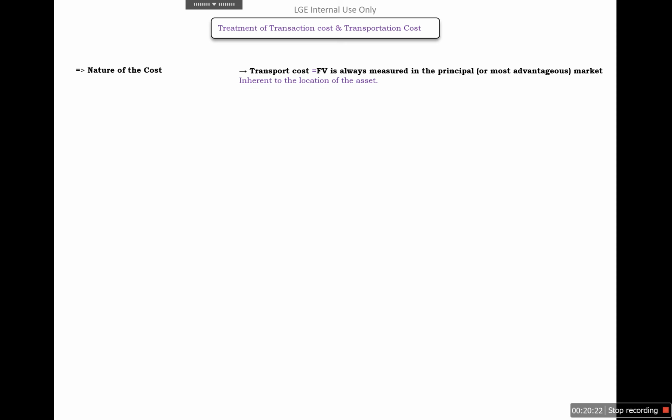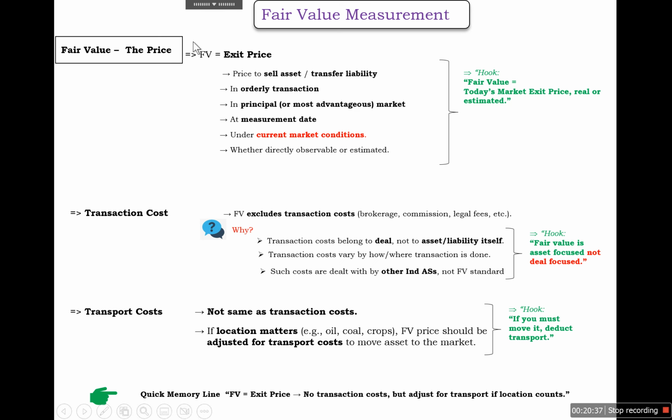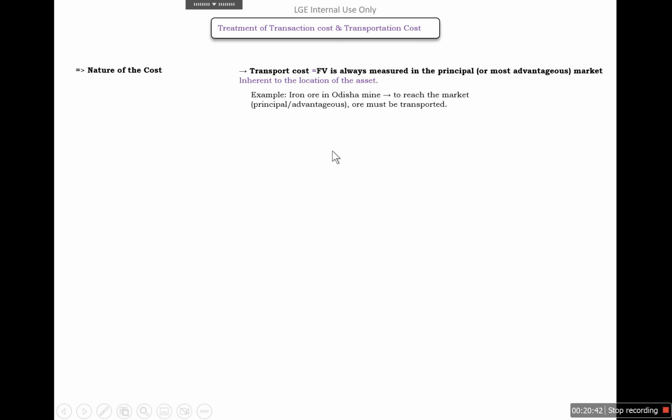So in the case of transport cost, fair value is always measured in the principal or most advantageous market, because transport cost is inherent to the location of the asset, as fair value is the exit price under current market conditions.